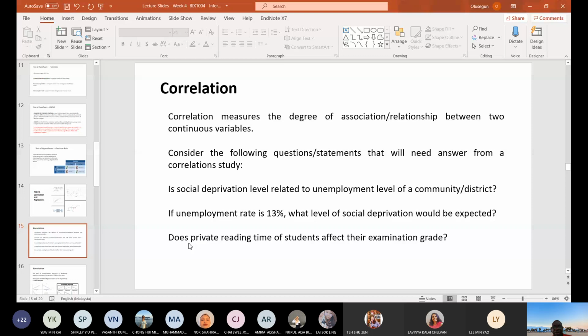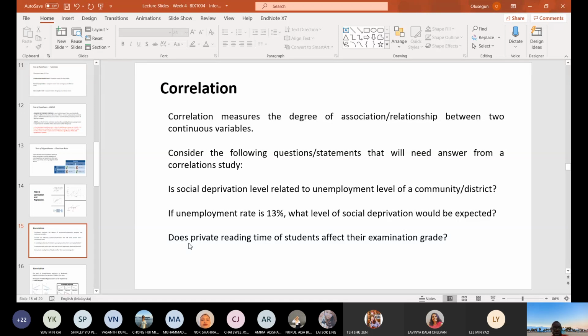Again, does the private reading time of students affect their examination grade? As students, if you have more private time to read, does it really affect your grade? For some, the more they read, the more understanding they have, and the better their exam grade will be.